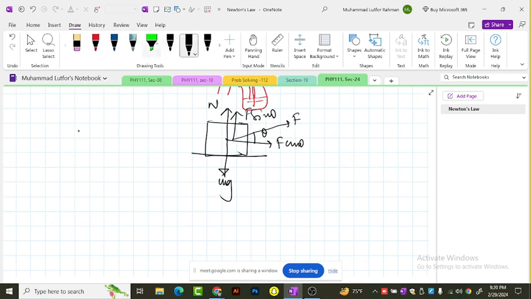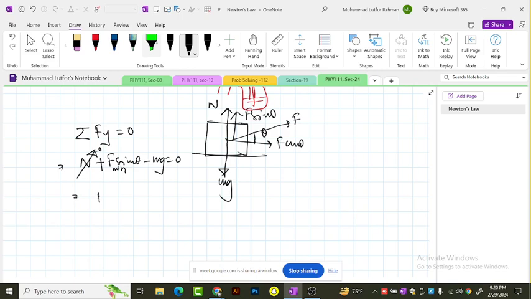I'm going to write down that the net force along the y direction will be equal to 0. Then this is the stationary case: N plus F sin theta minus mg equals 0. If you want to lift it from the surface, then this N is going to be 0. Then it should be F minimum over here.